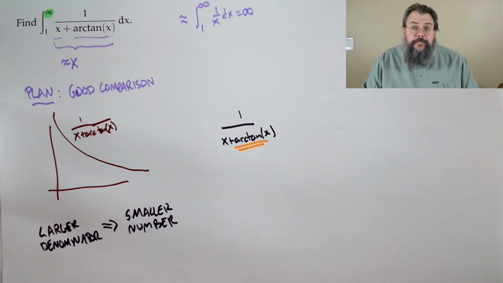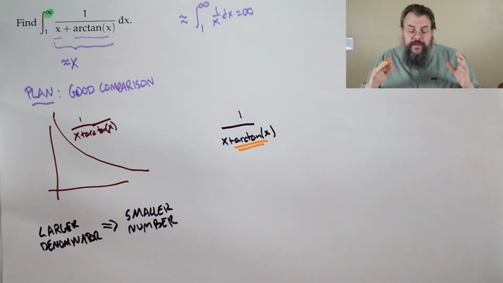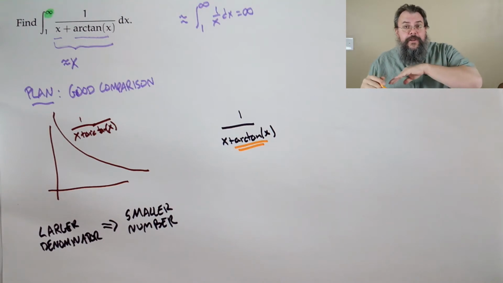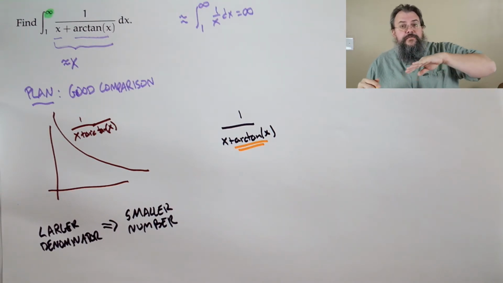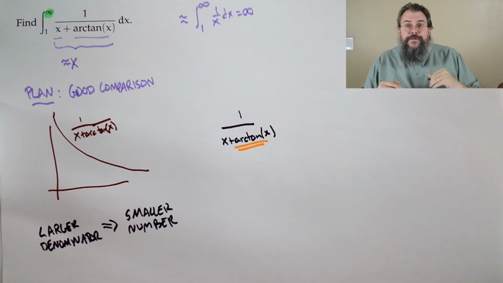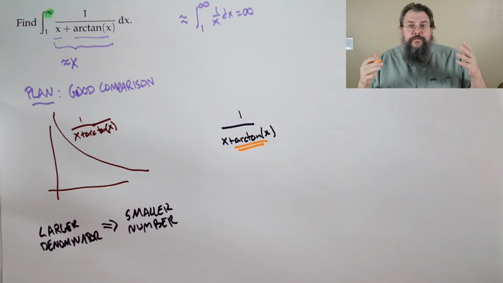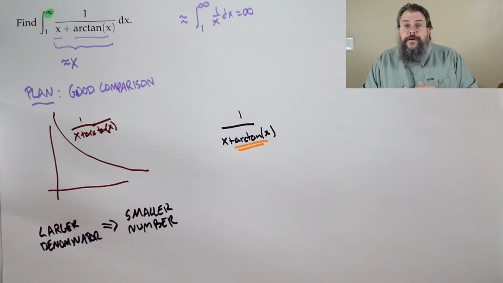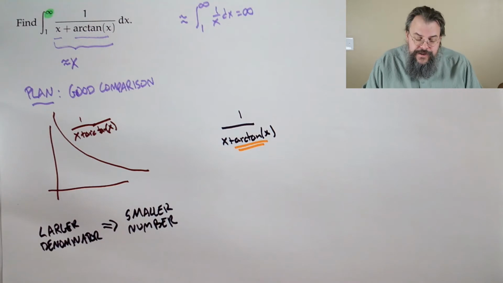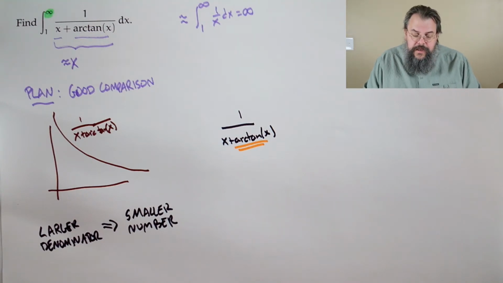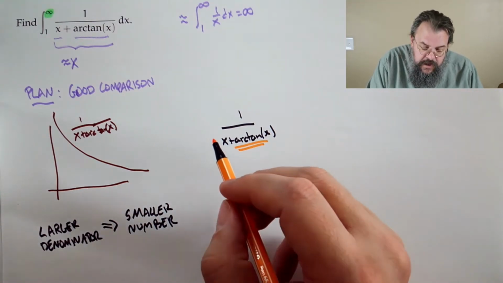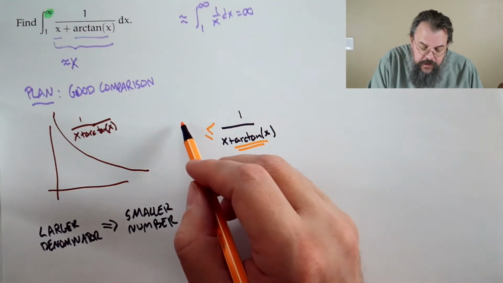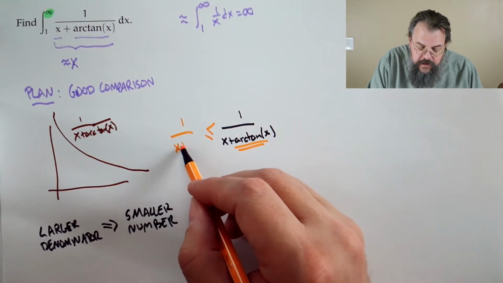So we say, okay, let's do something to really simplify this. There's a lot of things that we can do, but I'm going to just say, hey, I know that if I think about the arctangent function, it's bounded by pi over 2. Pi over 2, it's a number, it's 1.5 dot, dot, dot, right? It's below 2. So what we can say is the following. This is going to be greater than or equal to 1 over x plus 2.